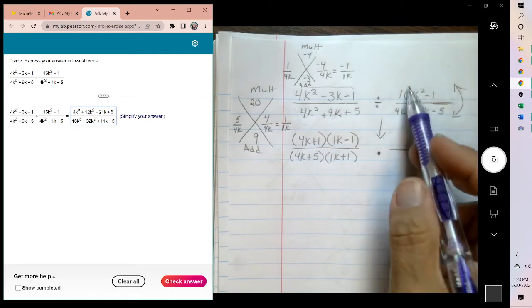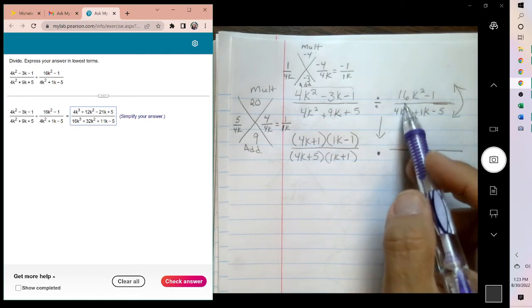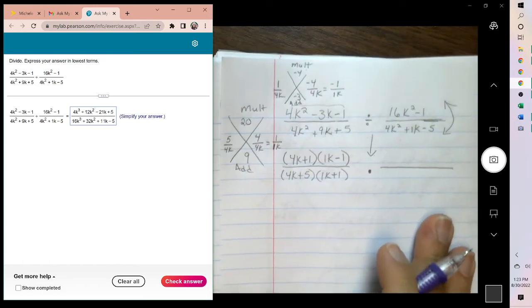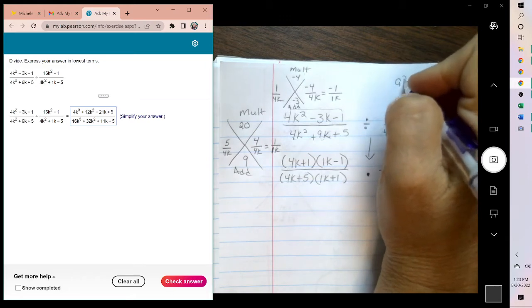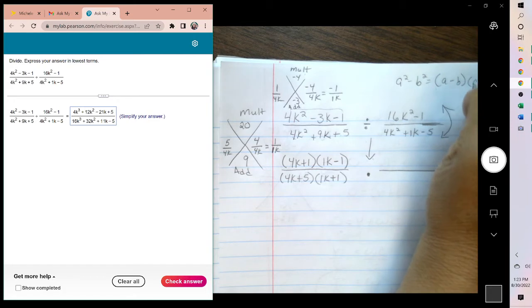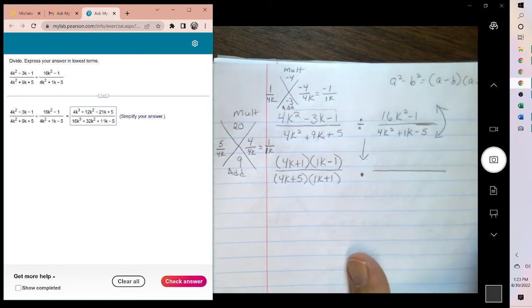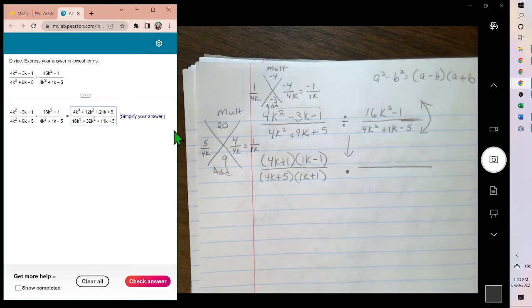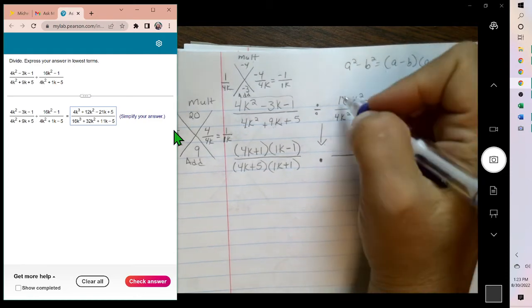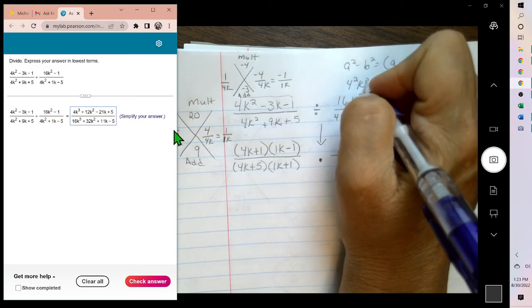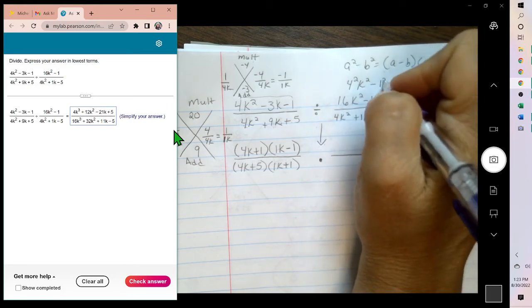Now these two are flipping, so if we look at this top one, this is perfect squares. Remember, a squared minus b squared is a minus b times a plus b. 16 is 4 squared times k squared, minus 1 is 1 squared.